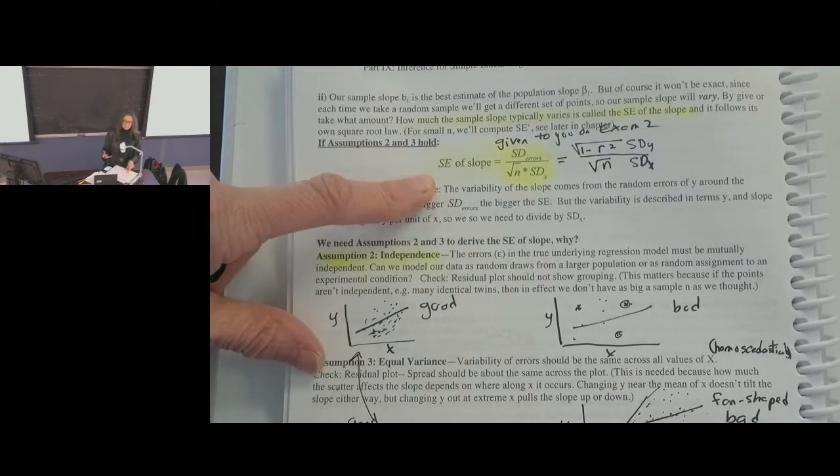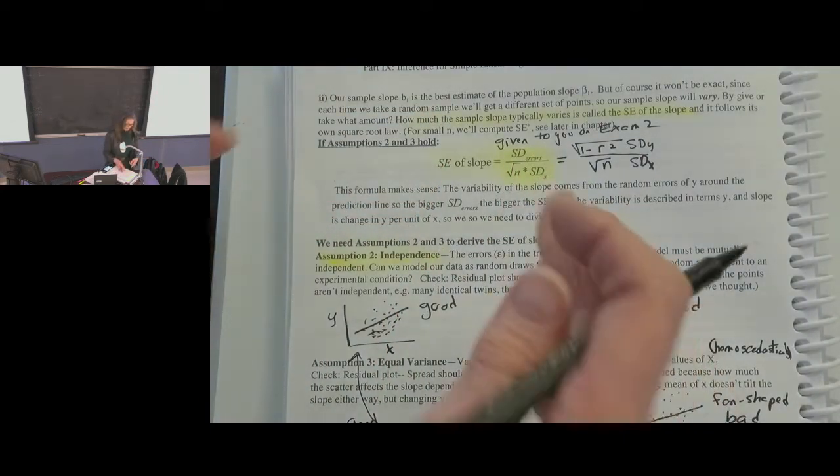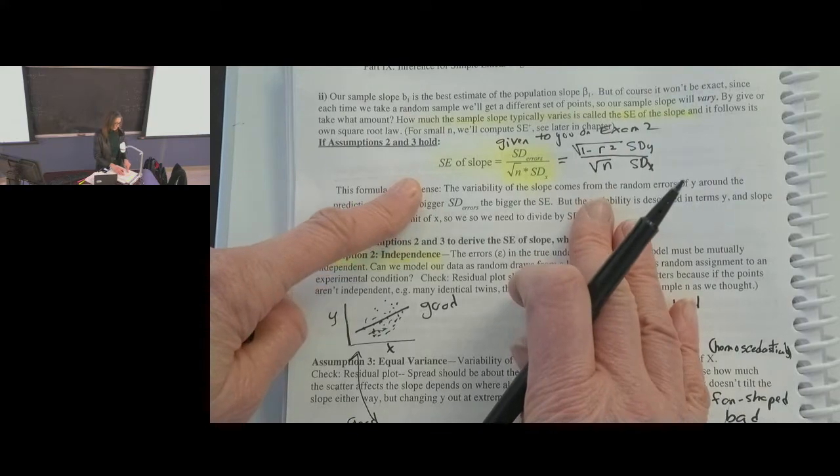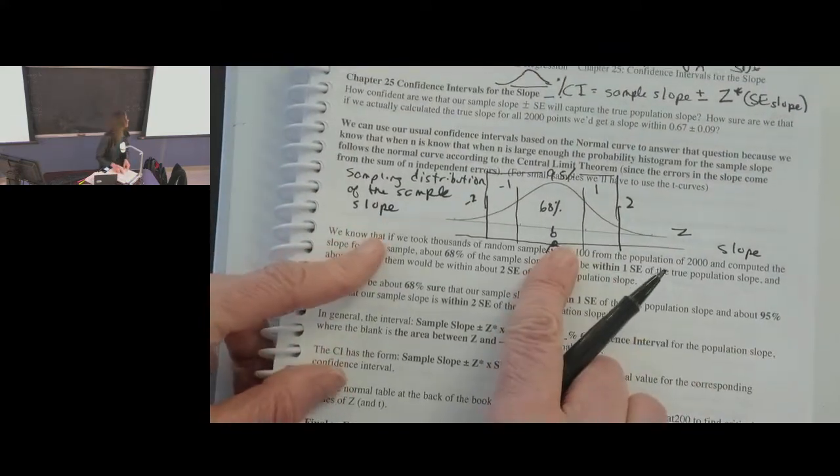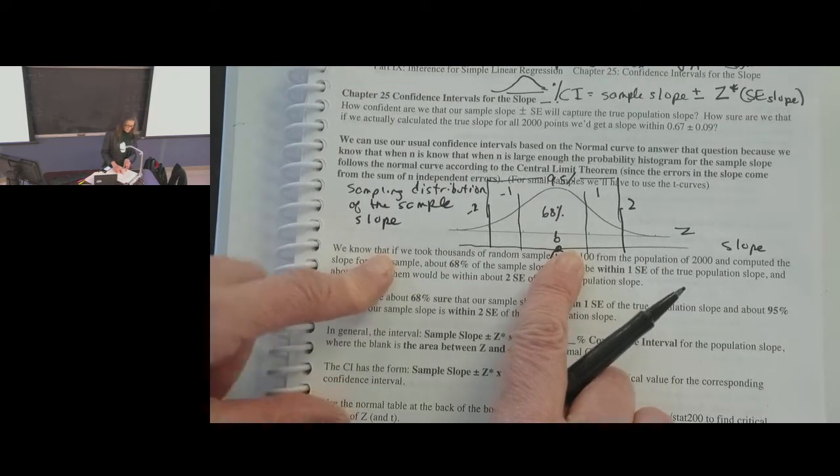But we don't need normality to compute this standard error, and we don't need normality if we're going to be using the central limit theorem and have a big enough sample size. Where does this last assumption come in?